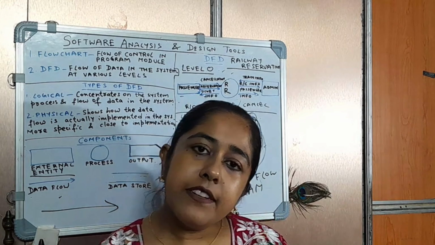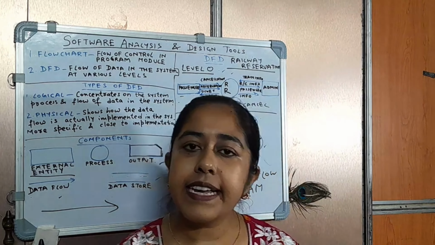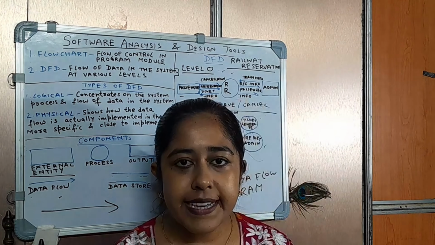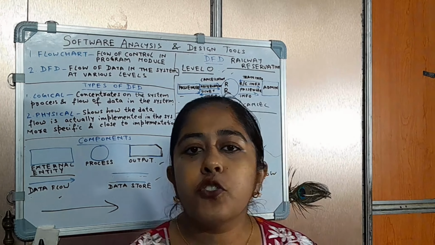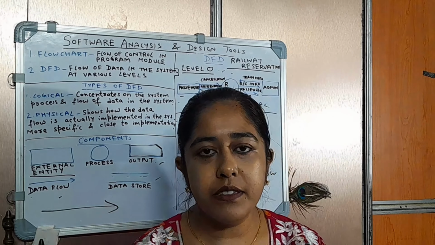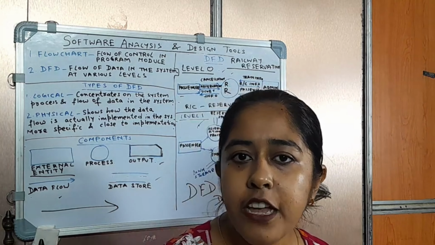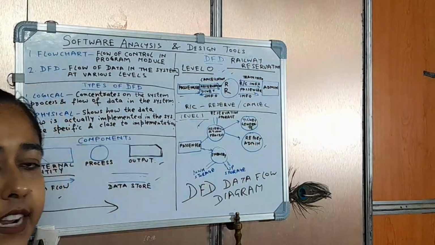There are two parties, one is the passenger and the second is the admin. The passenger can reserve a seat, cancel a seat, or make an inquiry. The admin will respond to whatever the passenger needs, to that particular query. So this is my level 0 DFD for a railway reservation system.